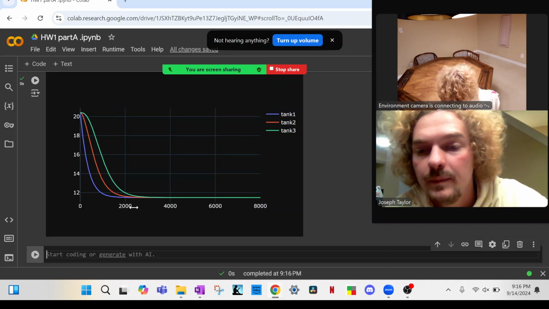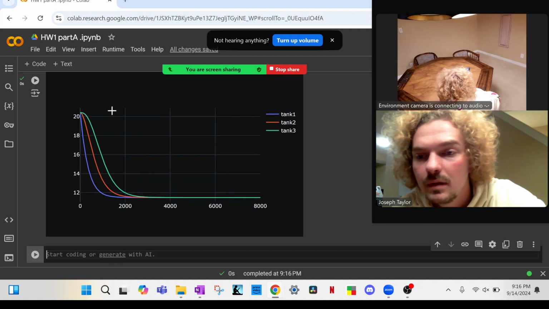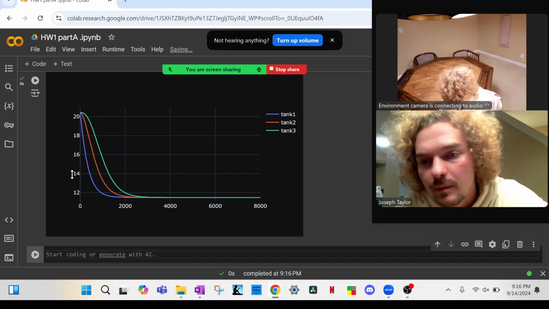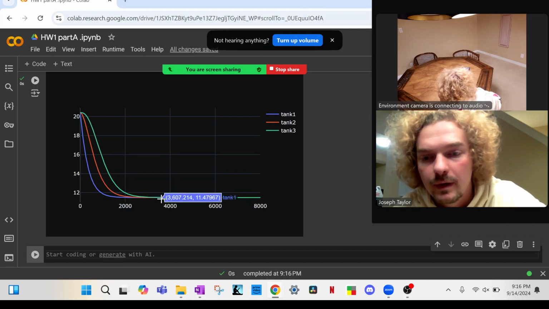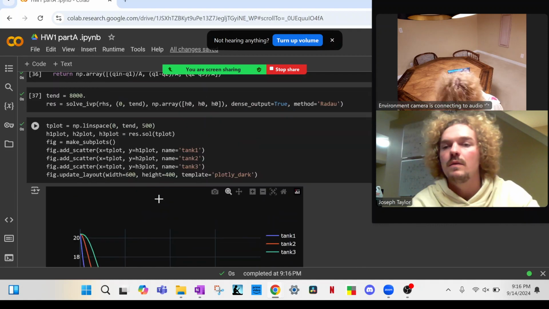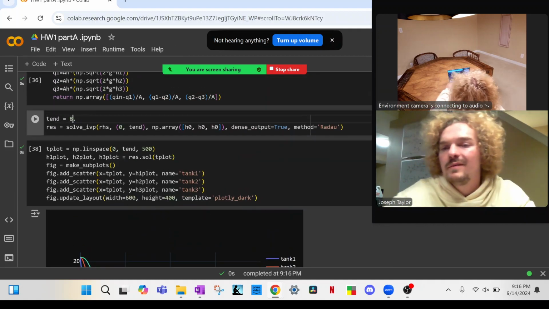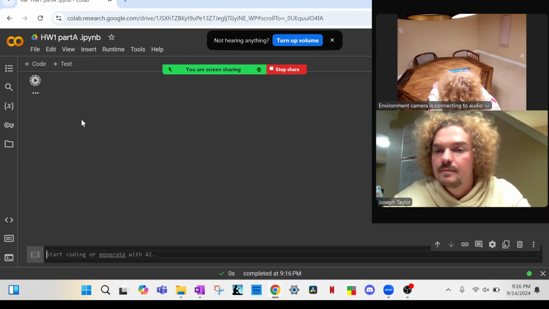So as you can see, it starts, the first tank's, anyway, as you can see, it reaches equilibrium right around, let's go ahead and change this to 3,500. That way we can see it a little bit better.